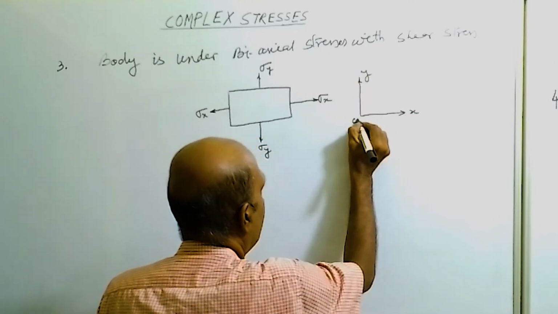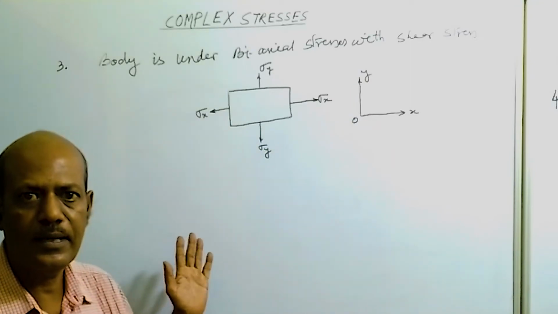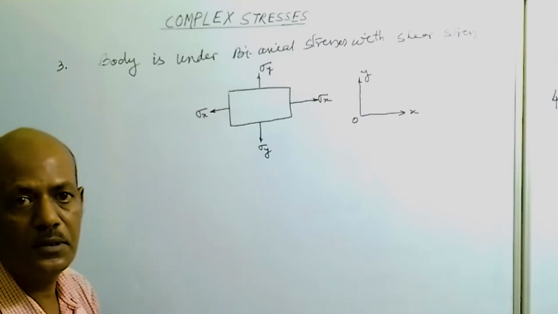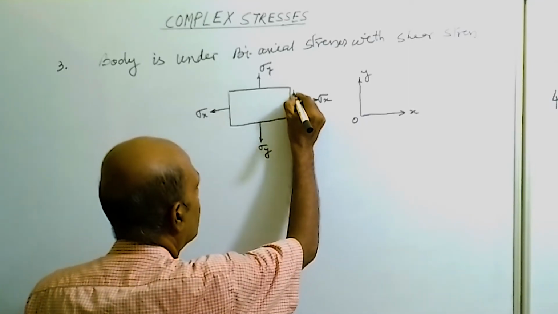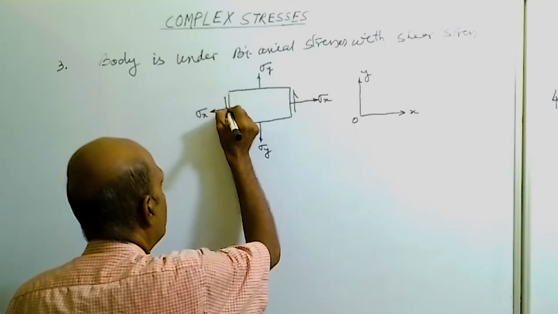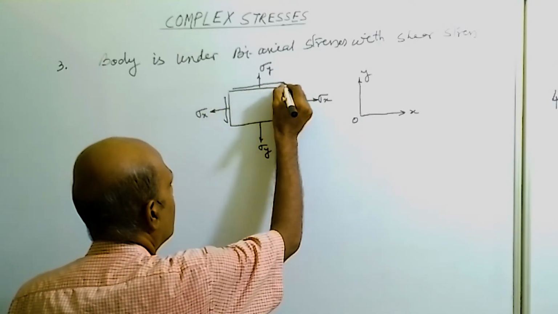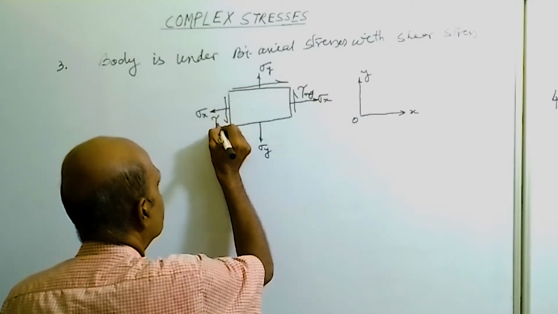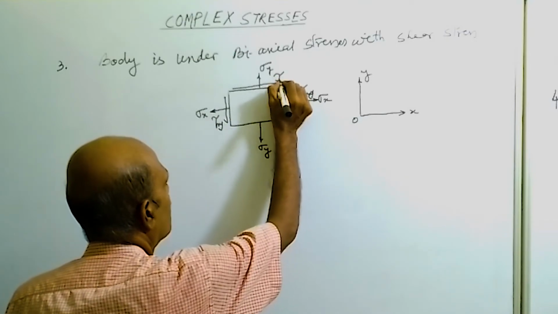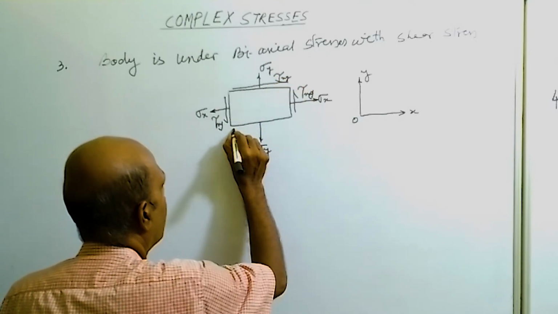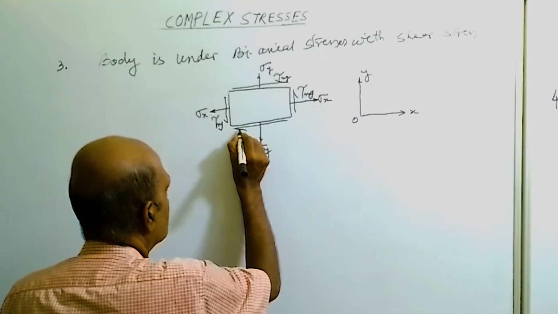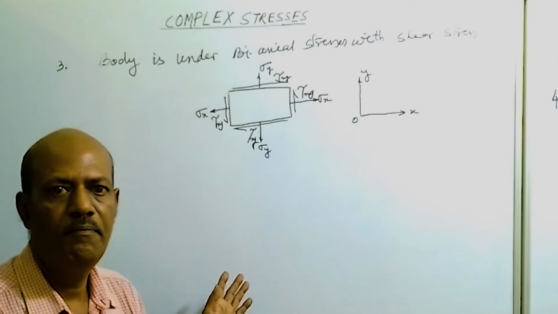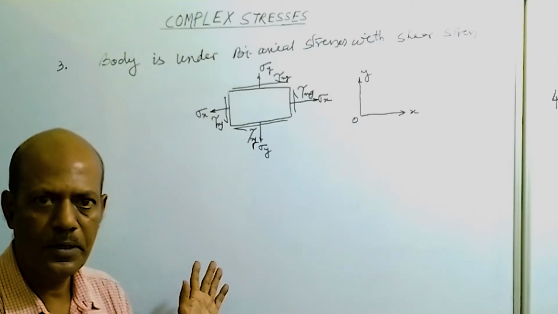Along x direction and y direction the stresses are acting, that is sigma x and sigma y stresses are acting along x and y direction. Along with the shear stresses are also acting on the body. Let the shear stress acting is tau xy. So complementary shear stress also will be tau xy acting on the body. So this is the most complex system or complex stress system acting on the body.